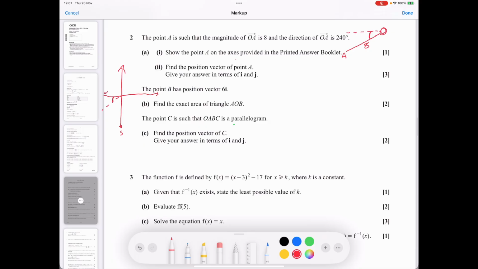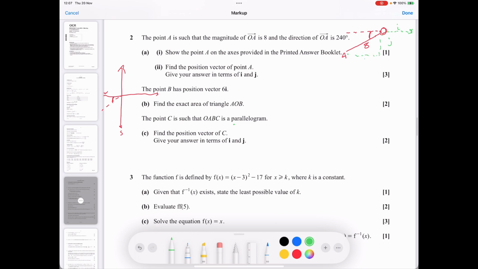Now, show that this on the printed answer book, well, this should give you the thing you need. But find the position vector of point A and give your answer in terms of i and j. So i is going to be the x coordinate and j is going to be your y coordinate.